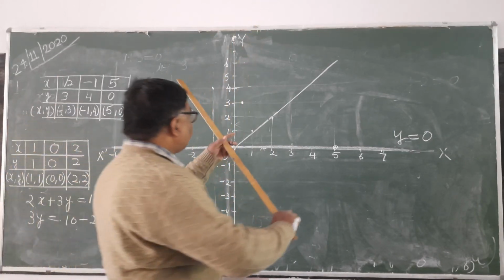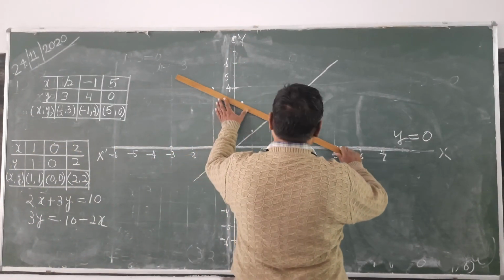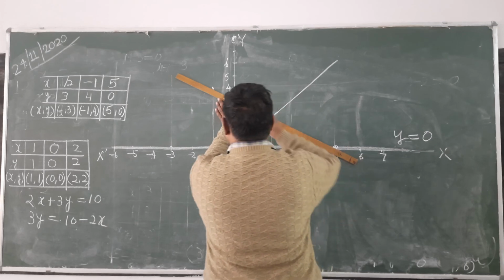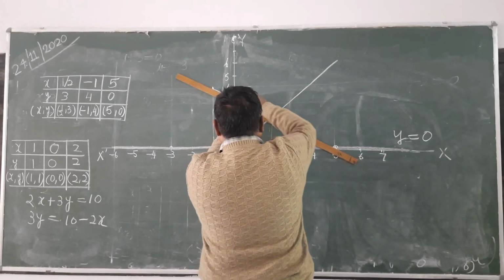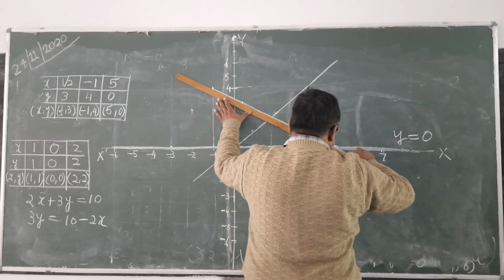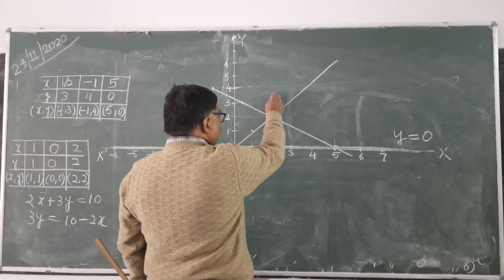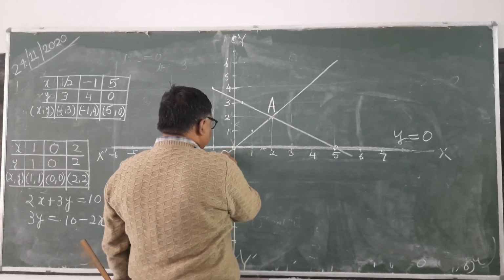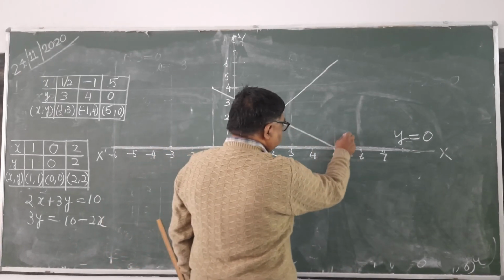So when you plot, all of you wait for a minute. This triangle will be obtained. Here this is the triangle A, this is already O and this is B.